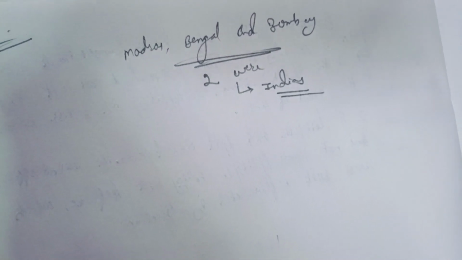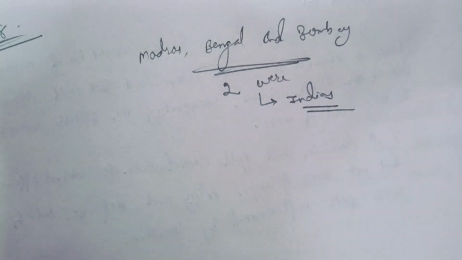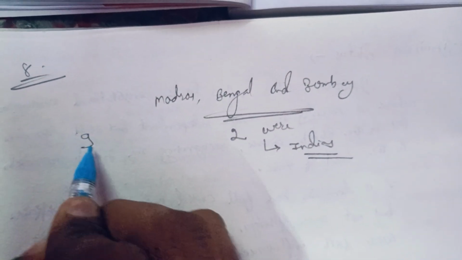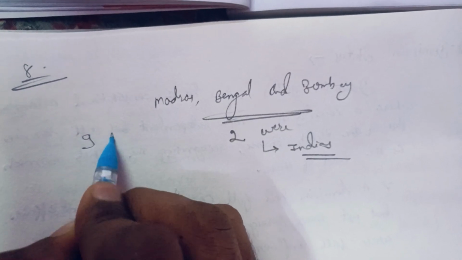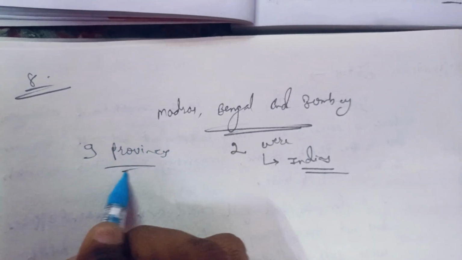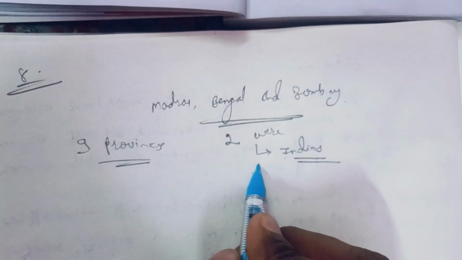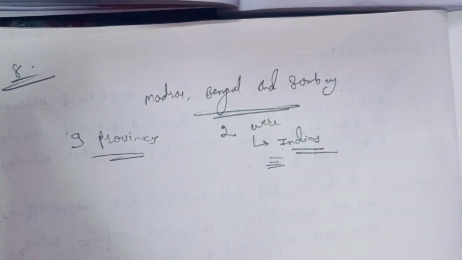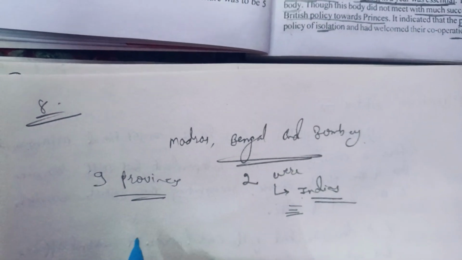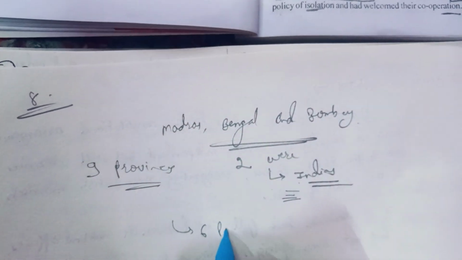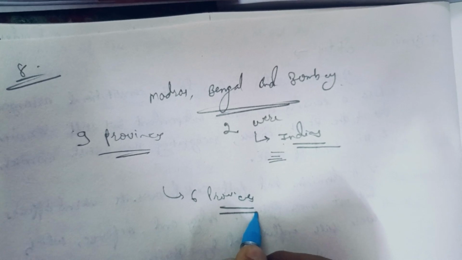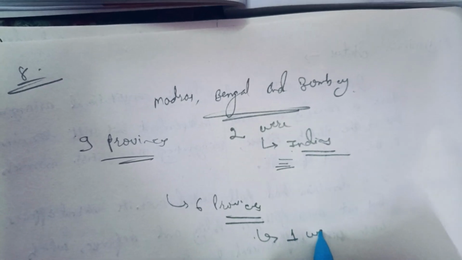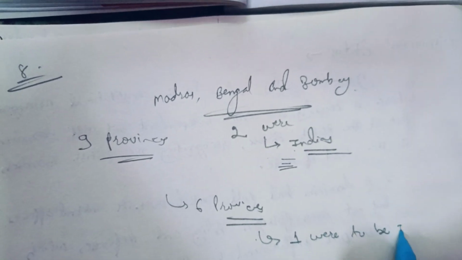And in the provincial executive of the rest of the 6 provinces, as we have seen that in total the British had divided India into 9 provinces, there were 2 executive members, of which one was to be an Indian.